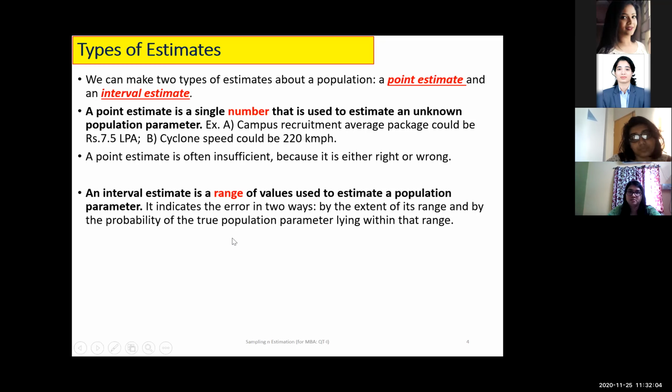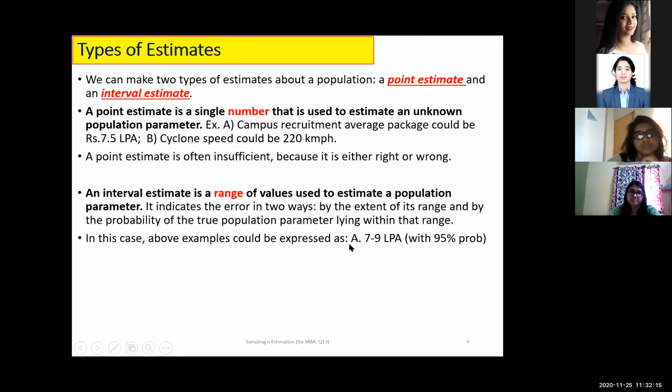Usually there will be some probability associated with every range. Say for example, you are giving a range that the package could be between 7 to 9 lakh per annum, and you assign that 95% confidence.